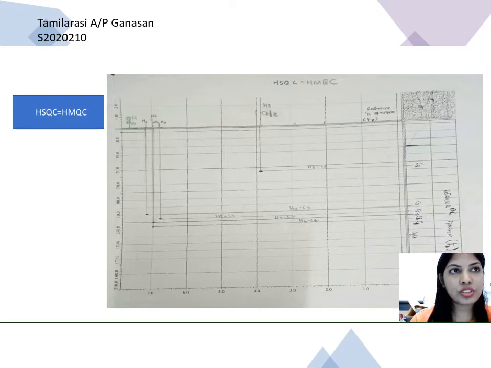HSQC is called heteronuclear single or multiple quantum correlation. In the spectrum, we see the 1J proton carbon-13 coupling, meaning coupling between the proton and carbon. In other words, which protons are directly attached to each carbon.